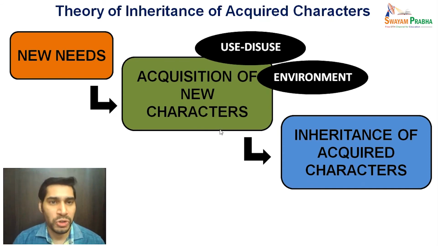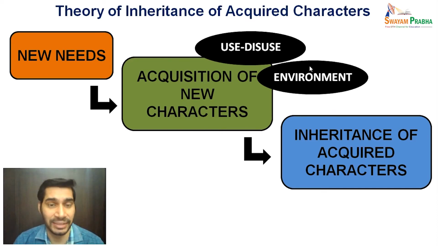Here, the simplified postulates of the theory of inheritance of acquired characters by Lamarck have been represented, which says there are always new needs for the organism. Because of these new needs, an organism acquires new characters. As we discussed, this acquisition of new characters can be either because of particular use or disuse of an organ, or because of the pressures and restrictions put forward by the environment.